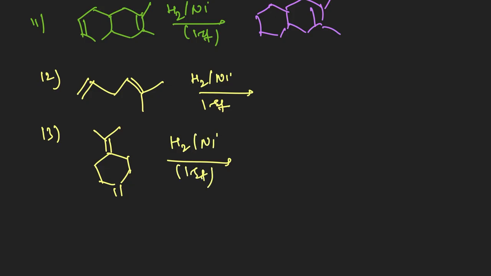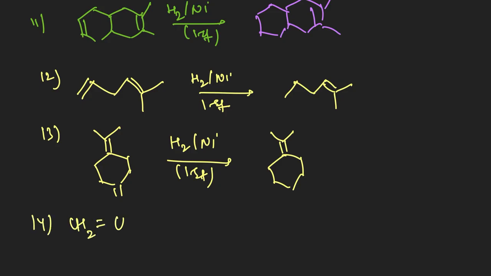So now it is going to react like this, and it is also going to react like this; whichever is less stable will react first. Now let's say we have the question CH2 double bond CH, CH2, C triple bond CH. It will react with H2 and Ni, one equivalent.